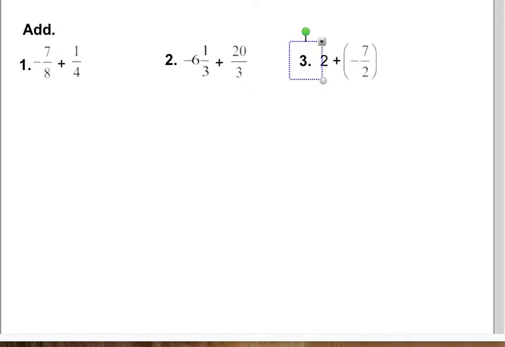Good. This should be -5/8. Your common denominator in this case was the 8. So I have -7/8 plus 2/8.